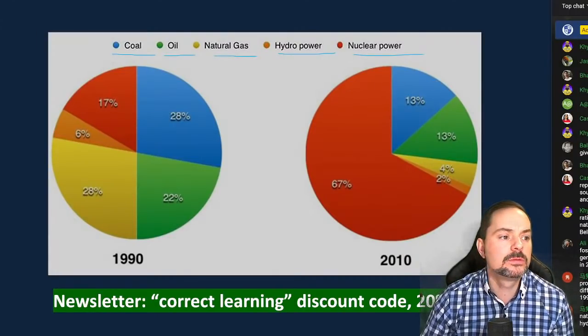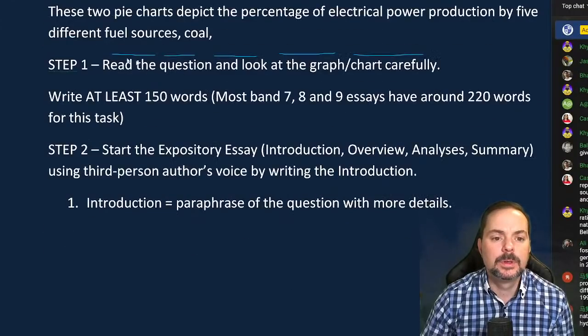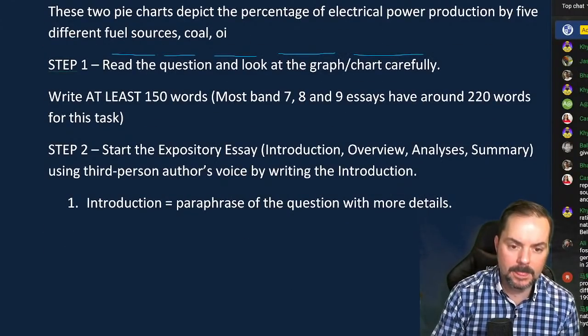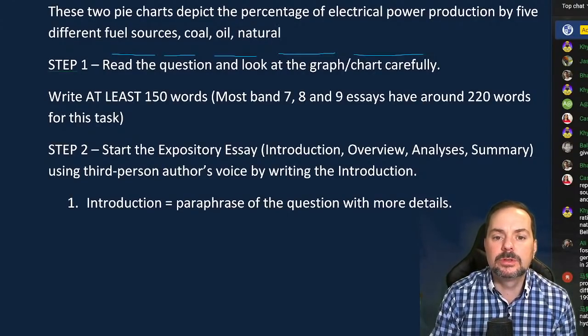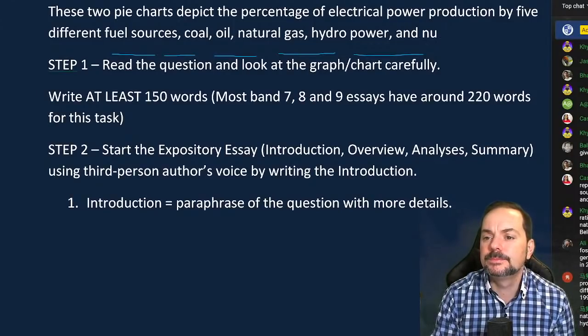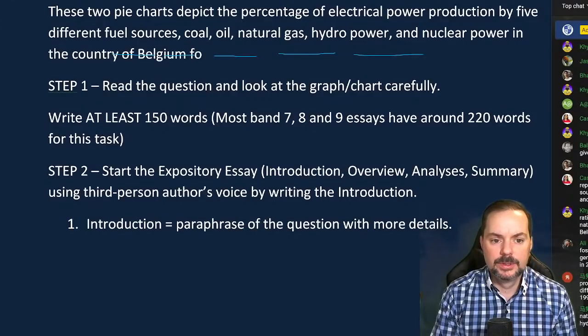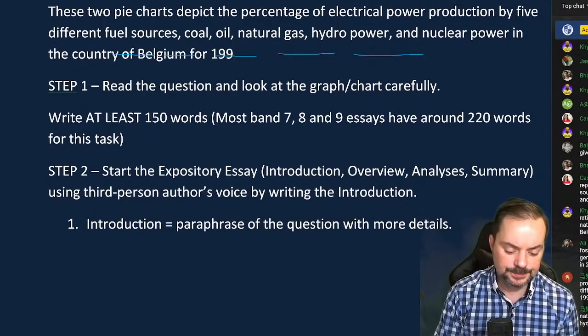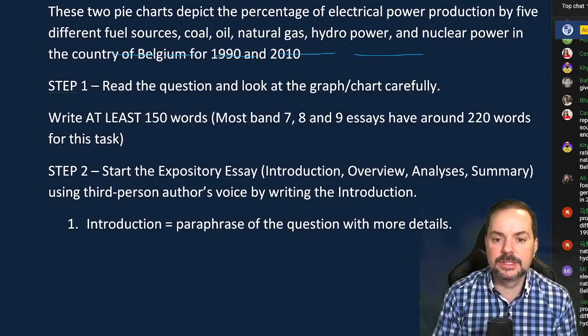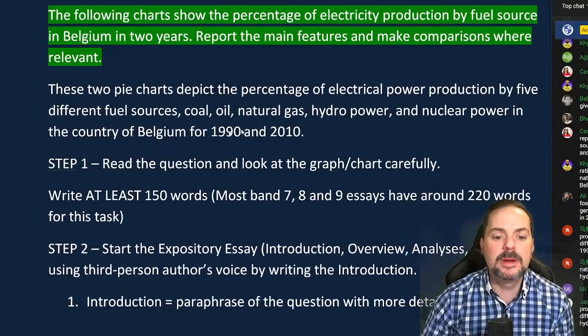Okay, so coal, oil, natural gas, hydro power, and nuclear power in the country of Belgium for 1990 and 2010. Okay. All right. So there's my paraphrase.